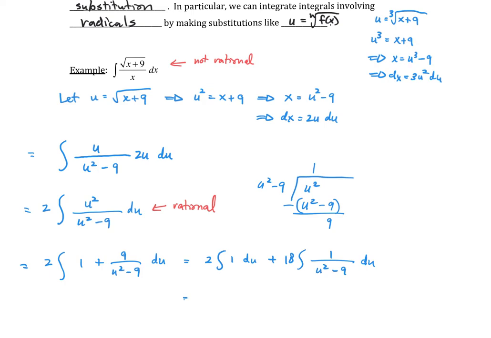And this is going to give me 2u. This part is going to be plus 18. And then I can factor this. The denominator factors as u plus 3 and u minus 3 du. And then, you know, this is the distinct linear factor case. So this is case 1.